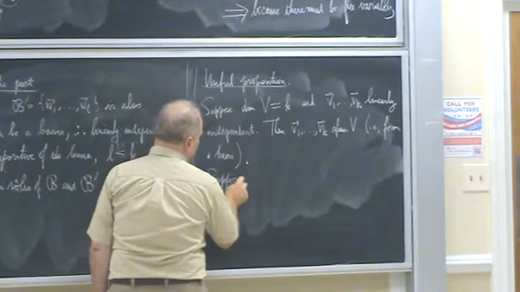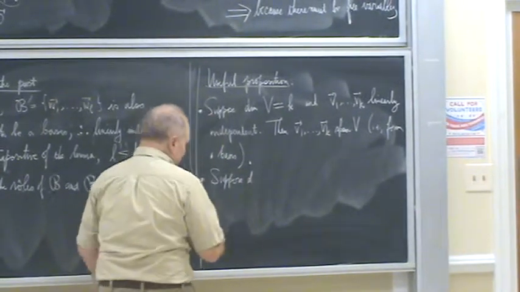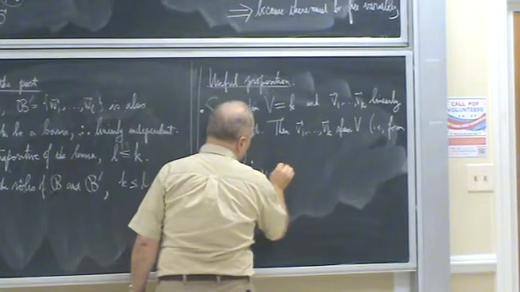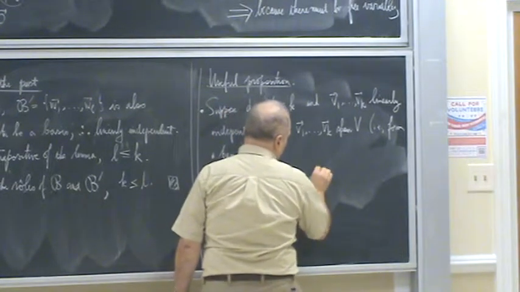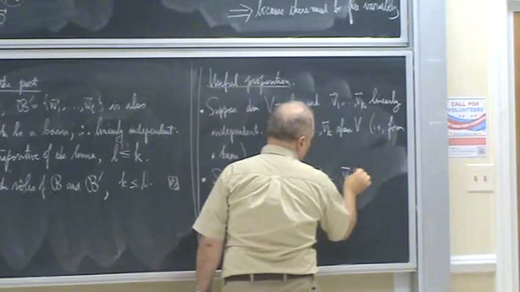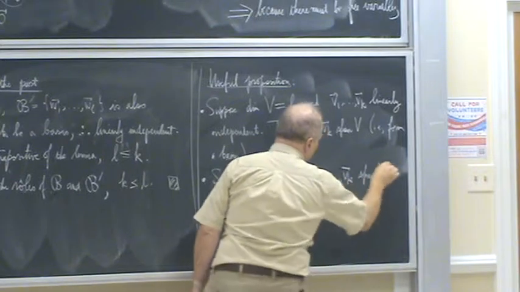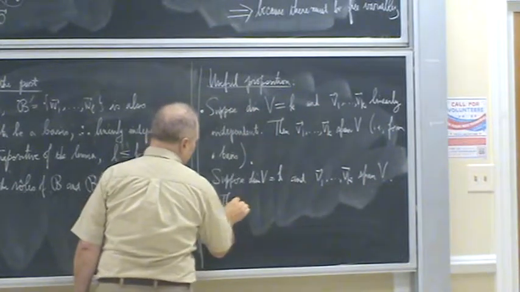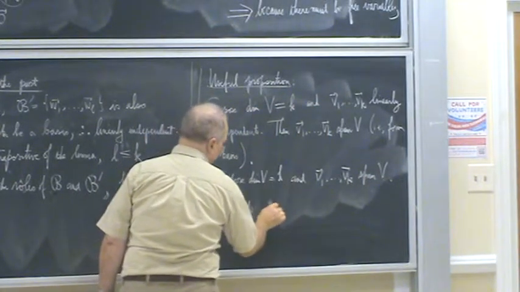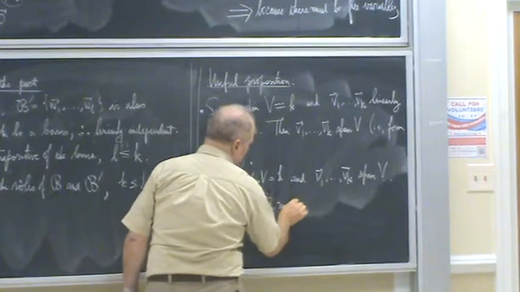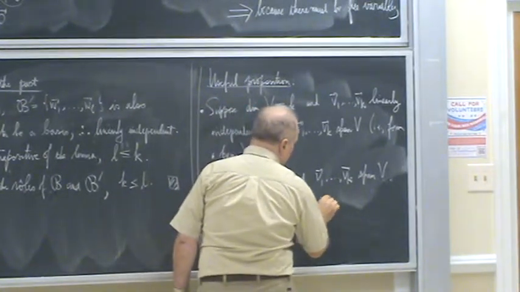Okay. Suppose the dimension of V is k, and you have k vectors that span. Then you can conclude that they must be linearly independent.